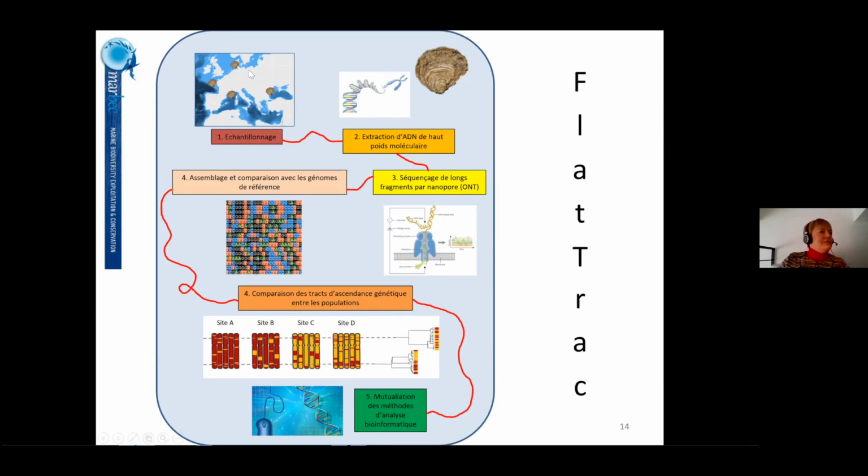So for that, we need to get samples, possibly fresh samples, to be able to extract high molecular weight DNA, and this is not so easy. So Florence Cornet in my team is working on that.